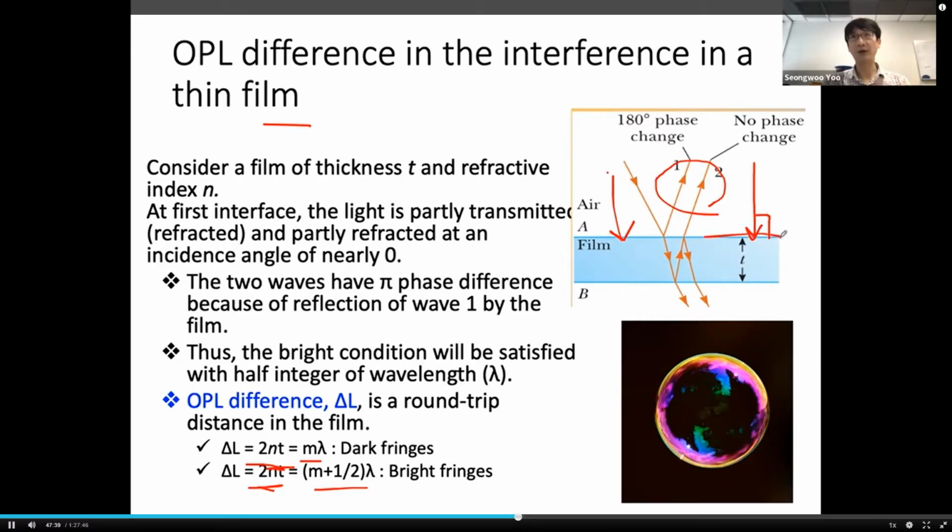This is a normal incidence, and then our reflection by the thin film's second interface will also come out as a vertical straight line. Therefore, our optical path length difference is going to be 2 times this, just this round trip. So 2t times the refractive index of the thin film.